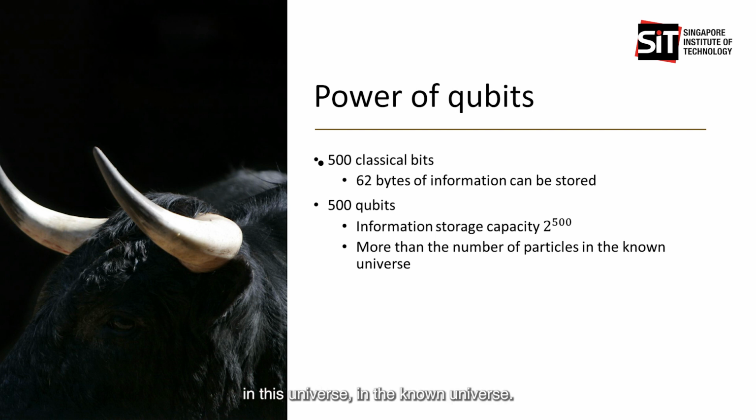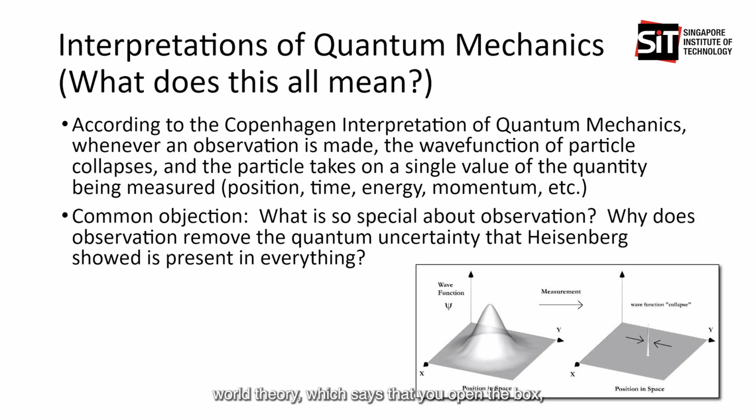There is another theory called the many worlds theory, which says that when you open the box, you may see the cat is dead, but it is not collapsing. What happens is the universe splits into 2 universes. In one universe, you open the box and see the cat is dead. In another universe, you open the box and the cat is not dead. So you are entangled with the quantum state. This is called the many worlds theory.